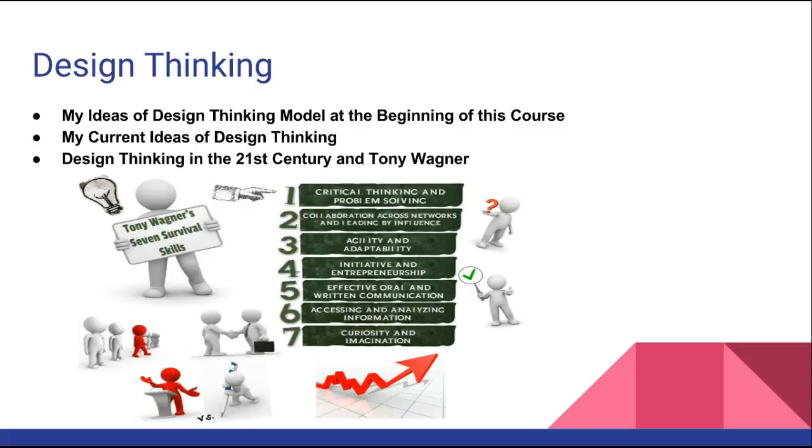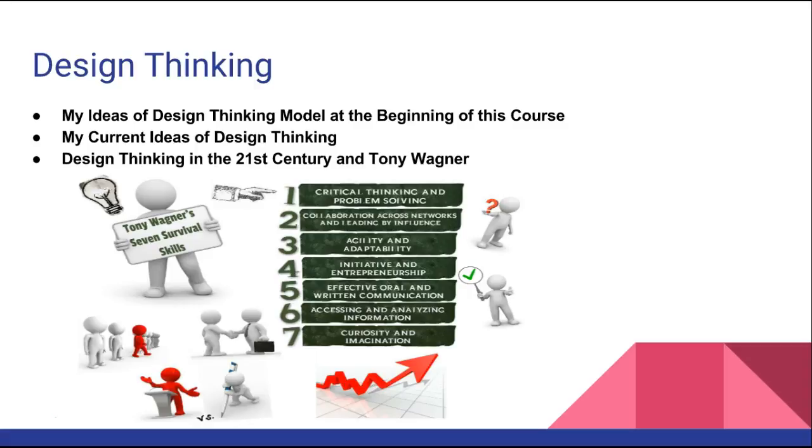Agility and adaptability is definitely a process in the design thinking phase, as it is a working document or a working concept that can be revised in whatever phase you're in. Even if you are in the prototype phase, you can go back and revise it and adapt it in order to meet the need of your client.